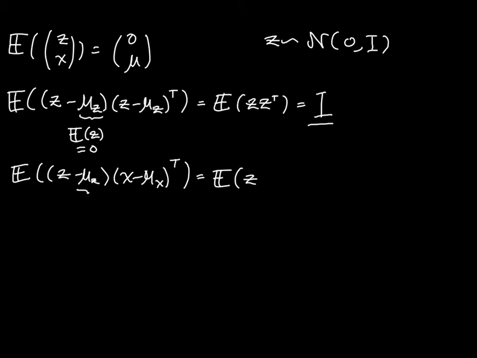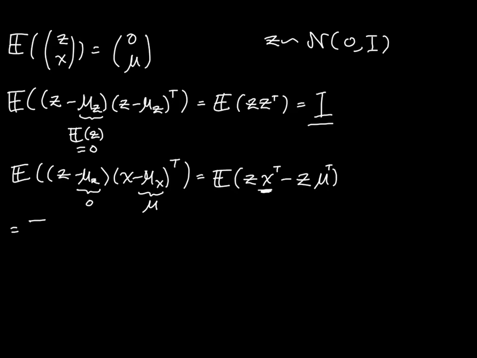Oh, and this is 0, so we just ignore that for now. We know that this is mu, so we have a constant. Z x transpose, right, minus z mu transpose. And that is pretty much it, right? However, we need to expand this term, right? Because x we don't really know.